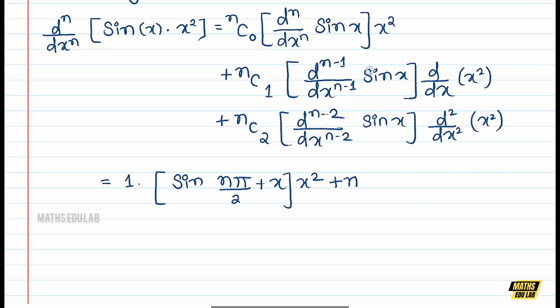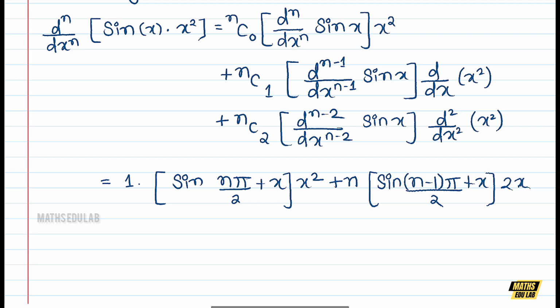Again the (n-1)th derivative of sin x: in place of n I will write n minus 1. So sin of ((n minus 1) pi by 2 plus x), and the derivative of x square is 2x.